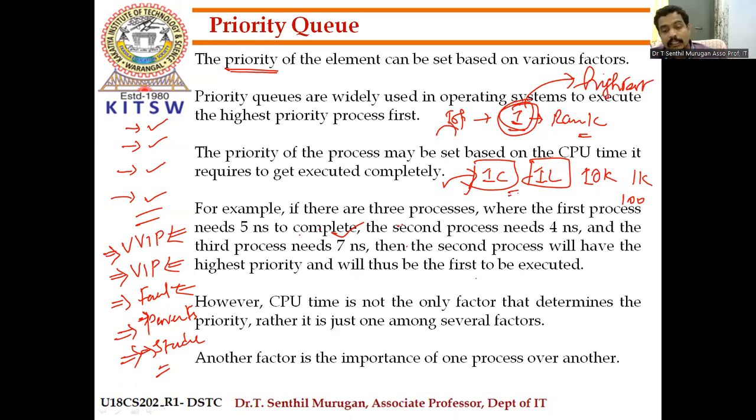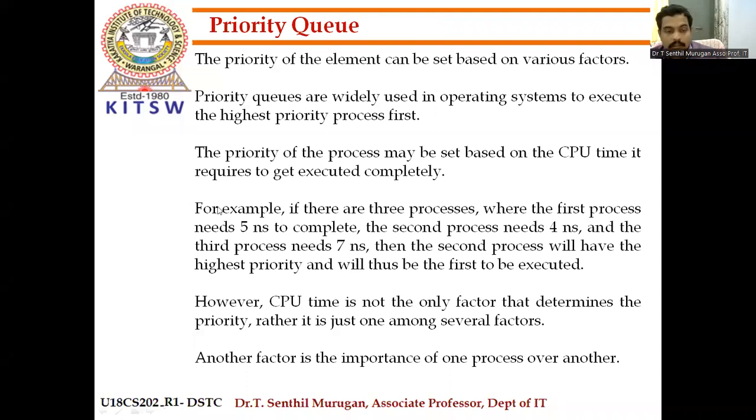So priority depends on the factor related to the requirements. For example, in CPU scheduling, there are 3 processes. The first process needs 5 nanoseconds, the second process needs 4 nanoseconds, and the third process needs 7 nanoseconds.